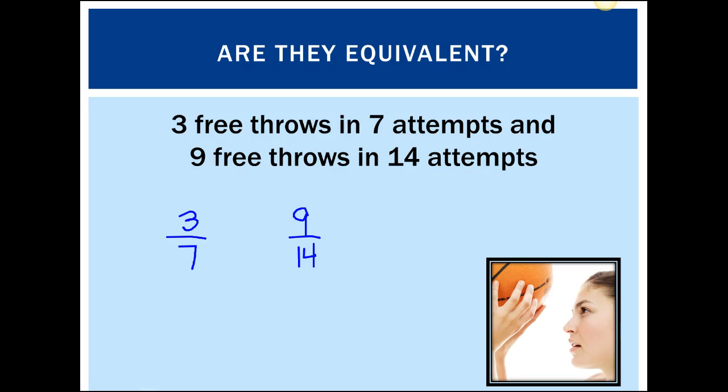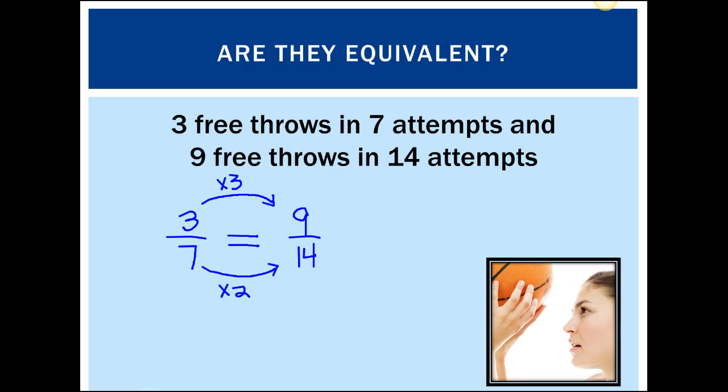To solve this problem, it would be easiest to apply our knowledge of equivalent fractions. We can get from 3 to 9 by multiplying times 3, but we can't get from 7 to 14 by also multiplying by 3. To get from 7 to 14, we multiply by 2.